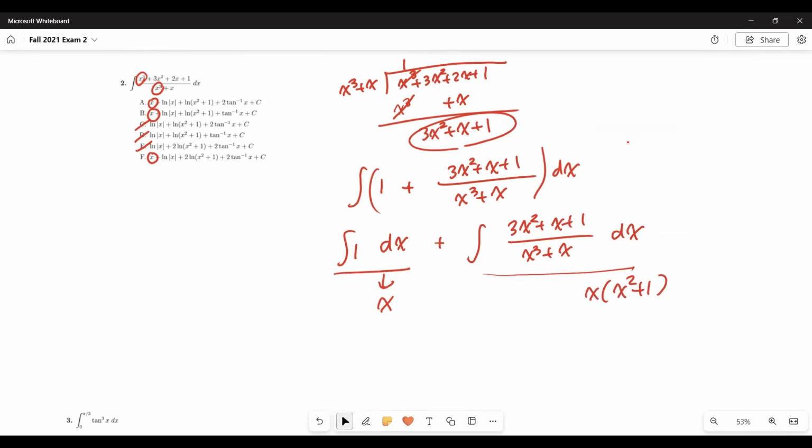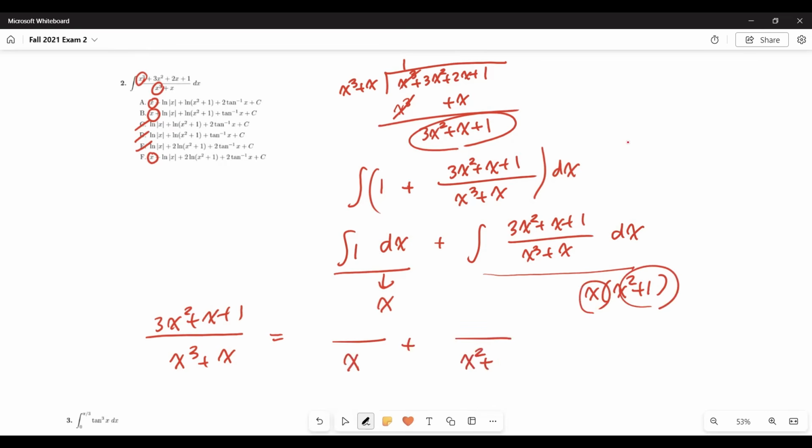So let's write this in here, 3x squared plus x plus 1 over x cubed plus x. I'm just going to delete the integration sign for now. It can be decomposed into x and x squared plus 1. So I'm just going to write x first and then x squared plus 1.